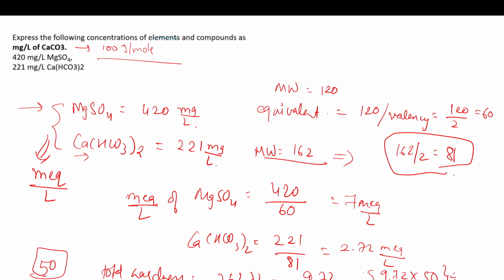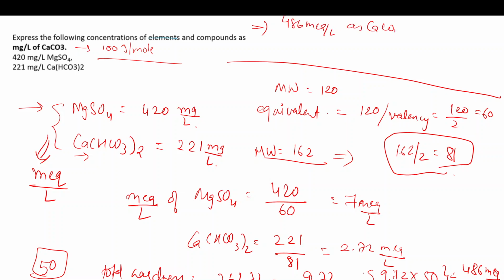So 9.72 cross 50, which is 486 milli equivalent per liter as CaCO3.